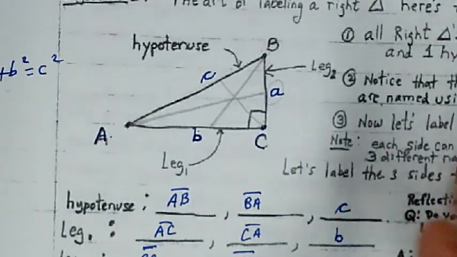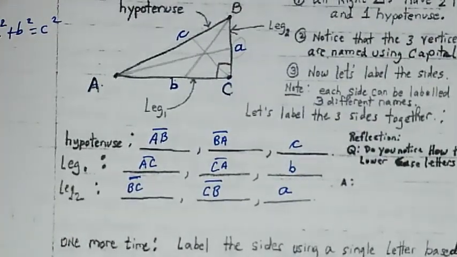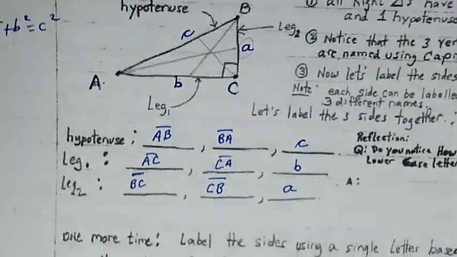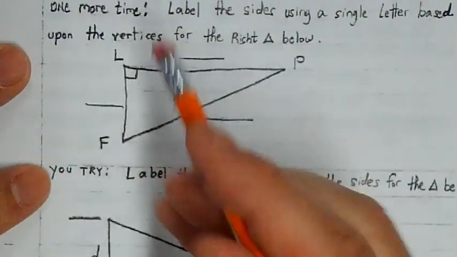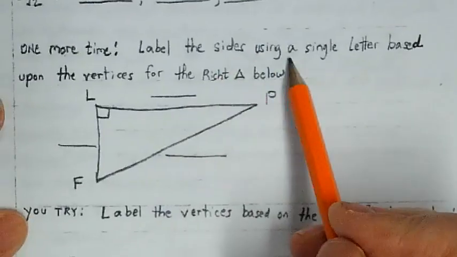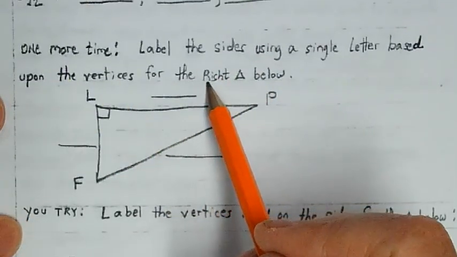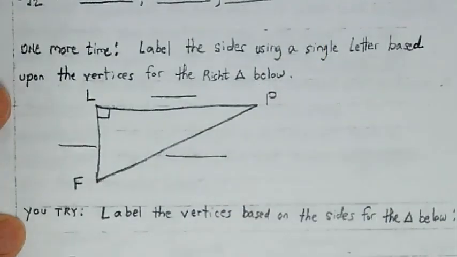Now, having said that, I'm going to do one problem as an example, and then we'll move on to the next concept. Here it is, one more time. Label the sides using a single letter based upon the vertices for the right triangle below. So what you're supposed to have done here is, you see these little blanks here?